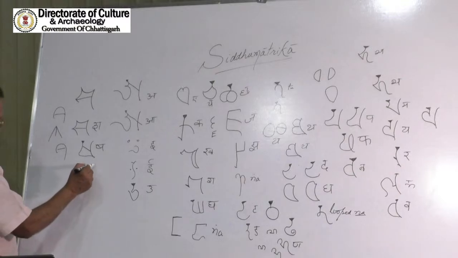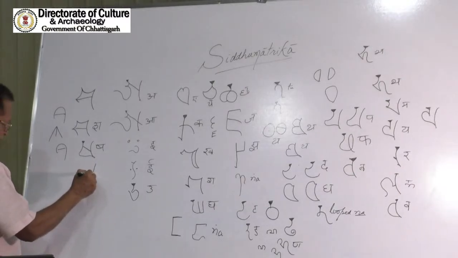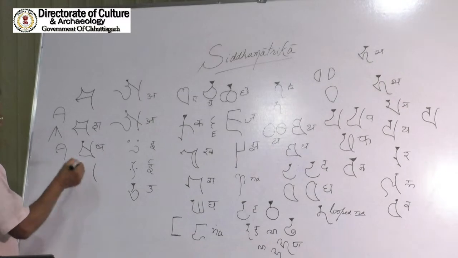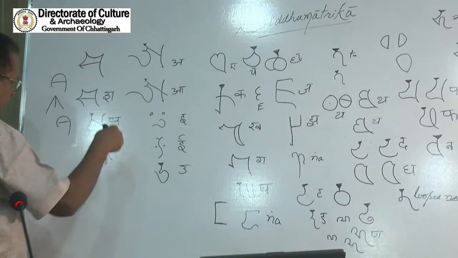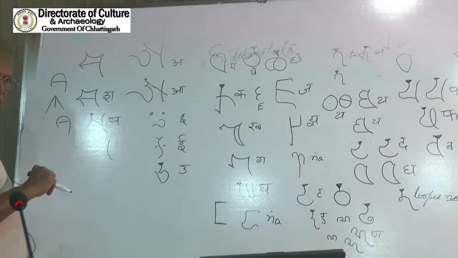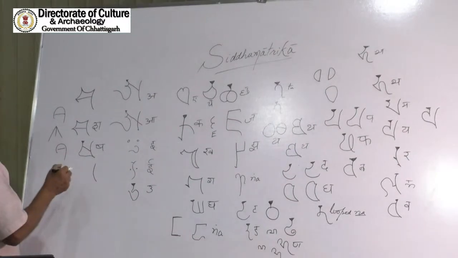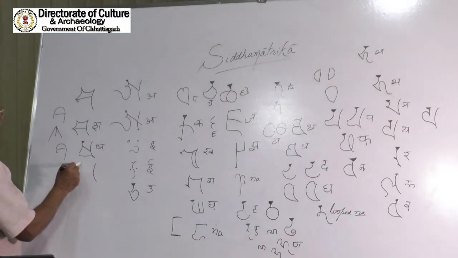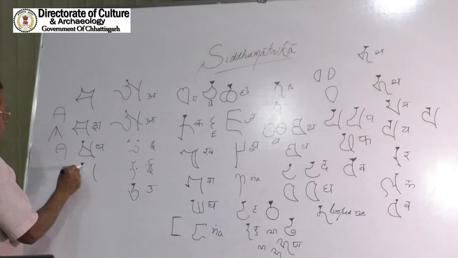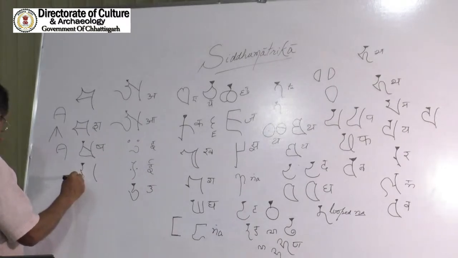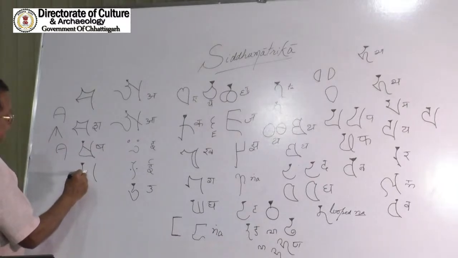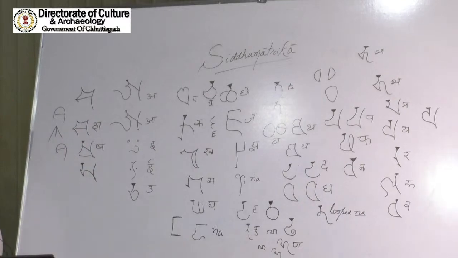And the sa, dental sa, again first you start with the right side limb and then connect it. Here you write and later you can connect both. Sa, one stroke like this, and you again take this stroke little upwards and then connect.